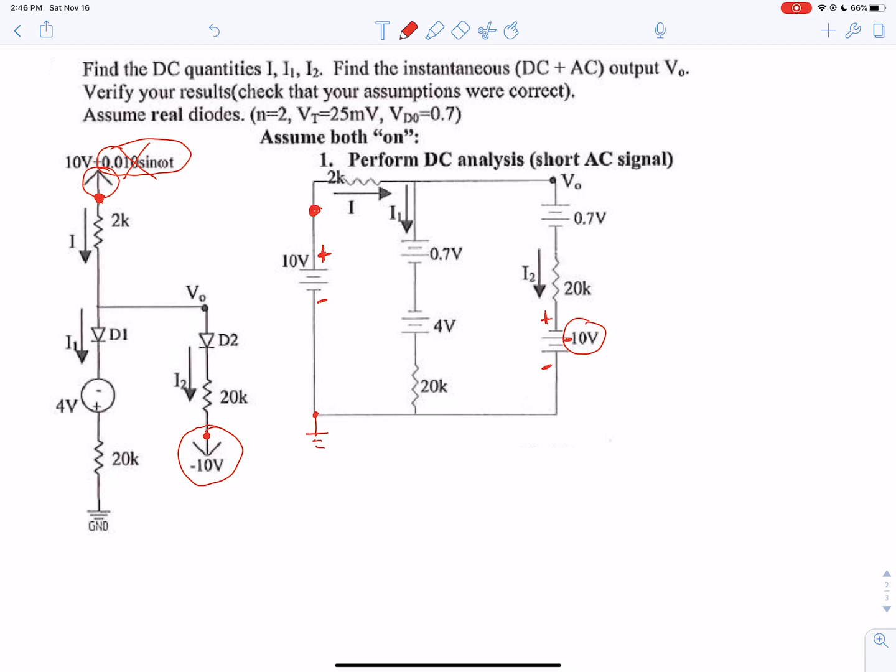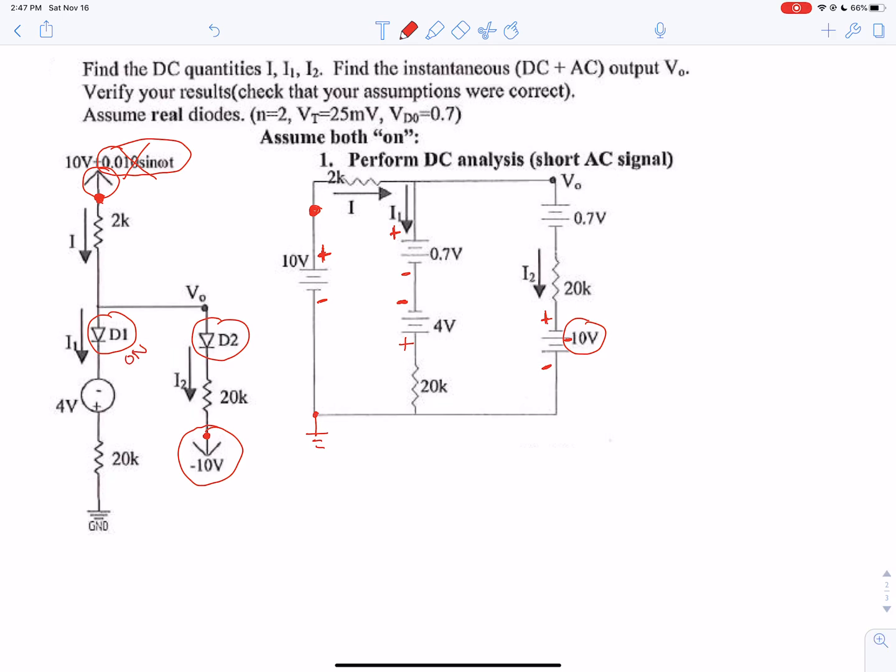So we're going to figure out what we're going to assume first. For diode 1, we're going to assume that it is on, and we're going to replace it with this battery. It's going to have the same polarity orientation as it does in the circuit, and this has a negative to plus 0.7 volts. For diode 2, we're also going to assume it's on.